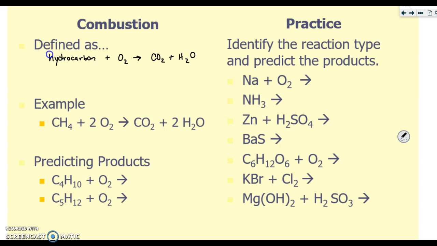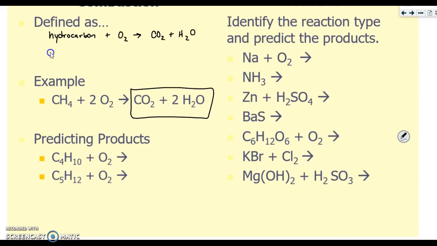What's nice with this type of reaction is that the prediction of products is always the same. You're always going to be producing carbon dioxide and water, and then you would go ahead and balance as well. So the products here for these examples are CO2 plus water, CO2 plus water, and then of course you would balance as necessary.